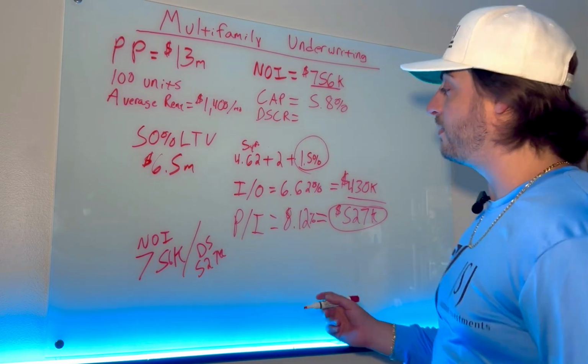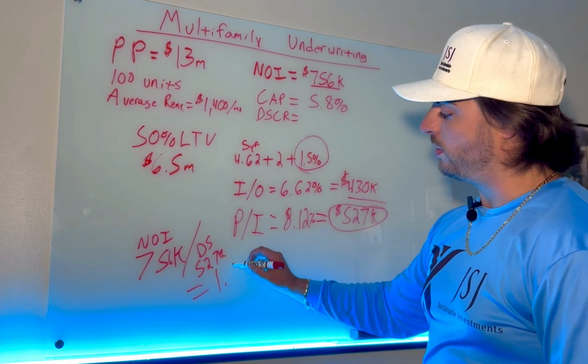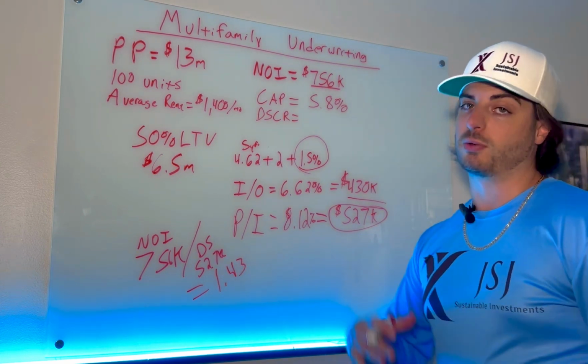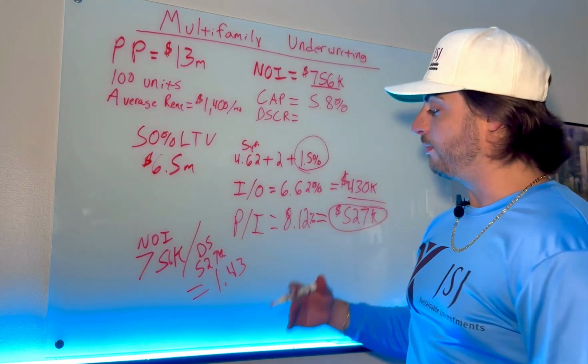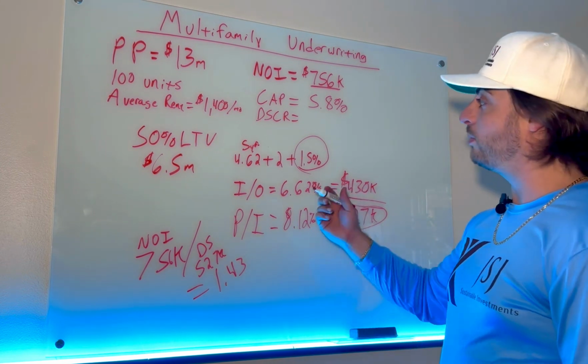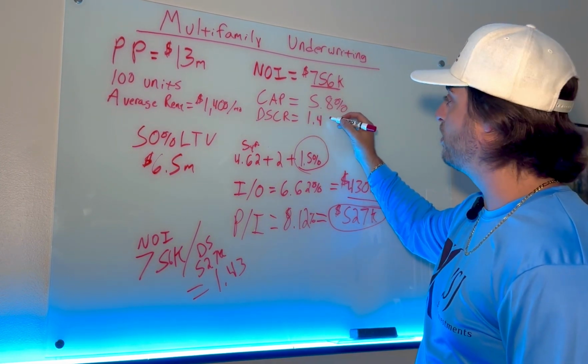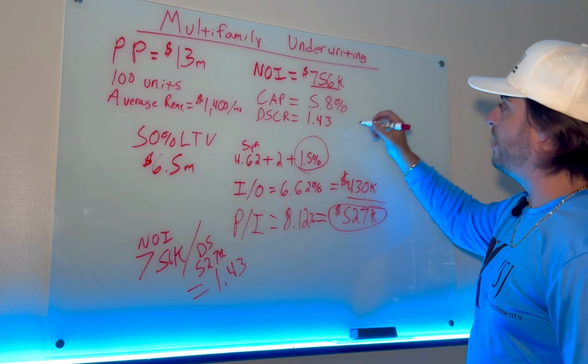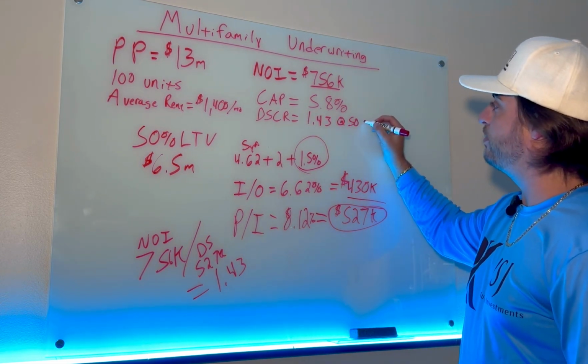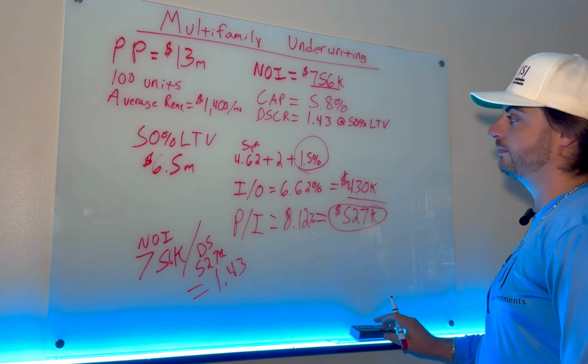Our debt service coverage ratio equals 1.43. So we're over the 1.35. The property can service its debt. The bank will likely give us this loan, and our debt service coverage ratio is 1.43. That is at 50% loan to value.